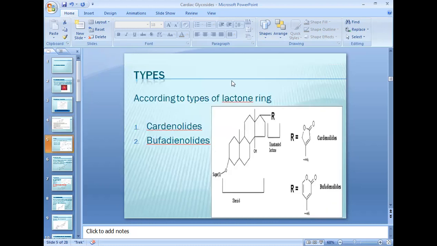Depending upon this lactone ring, they are classified into cardenolides and bufadienolides. In cardenolides, this R substitution is a 5-member lactone ring which has a single double bond, and in case of bufadienolides, this R substitution is a 6-member lactone ring having 2 double bonds.